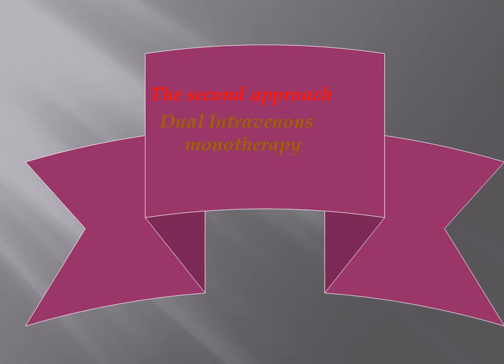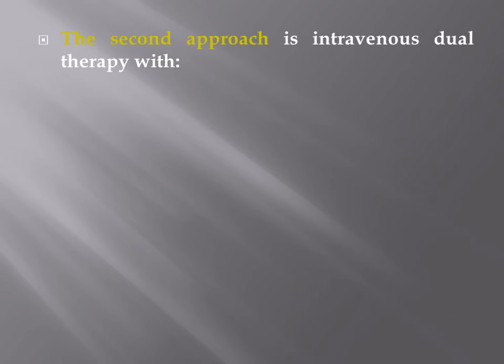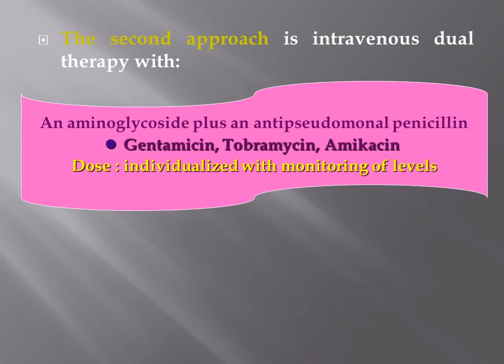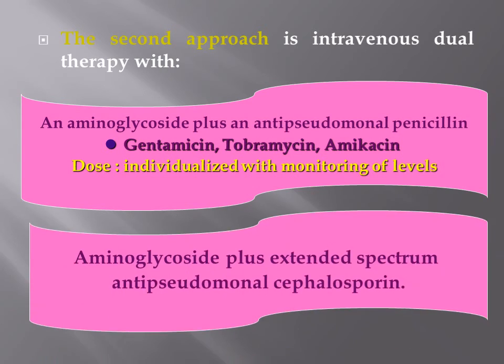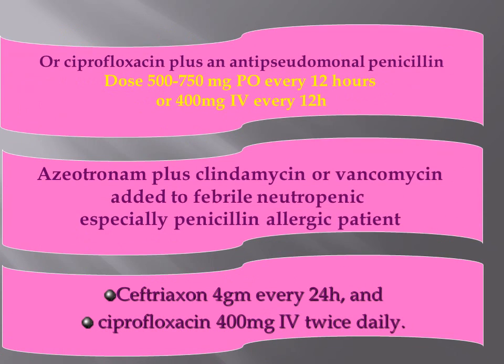Second approach is dual intravenous therapy. Intravenous dual therapy with an aminoglycoside plus an anti-pseudomonal penicillin, with gentamicin, tobramycin, or amikacin. Aminoglycoside plus extended spectrum anti-pseudomonal cephalosporin, or ciprofloxacin plus anti-pseudomonal penicillin, 500 to 750 mg per oral every 12 hours or 400 mg IV every 12 hours.